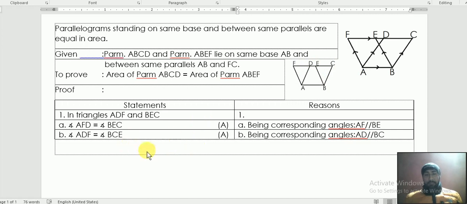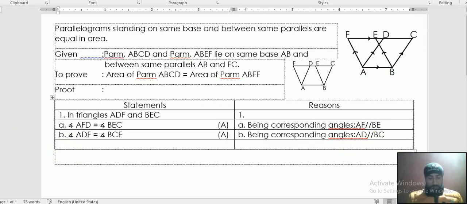And why are they equal? Because they are corresponding angles between AD and BC. Now lastly we need a side to show they are congruent to each other. You know, the opposite sides of a parallelogram are equal. It means we can say AF is equal to BE.